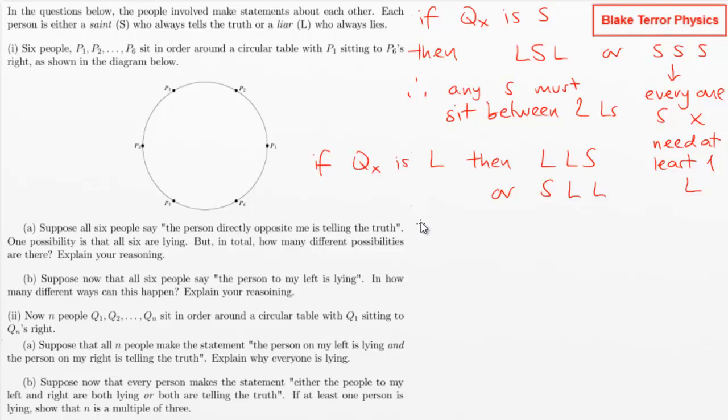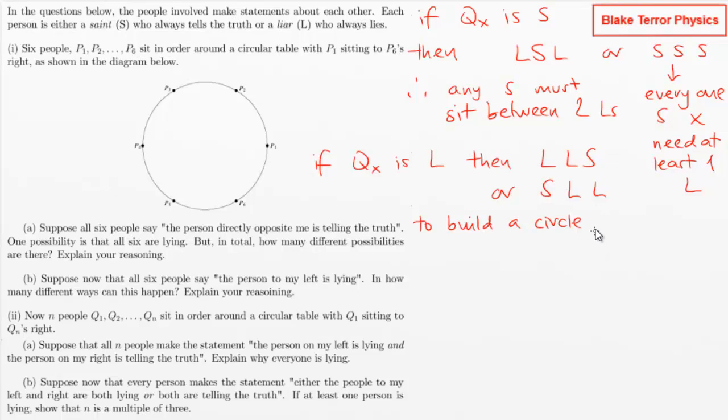So to build a circle, let's start from saying at least one person is lying. Well, if you've got a liar in there, you can't just have liars all the way round. That just doesn't work, because we know that a liar has to be next to a saint. So let's start from the saint, because it's the one which is definite. There's only one option if you've got a saint.